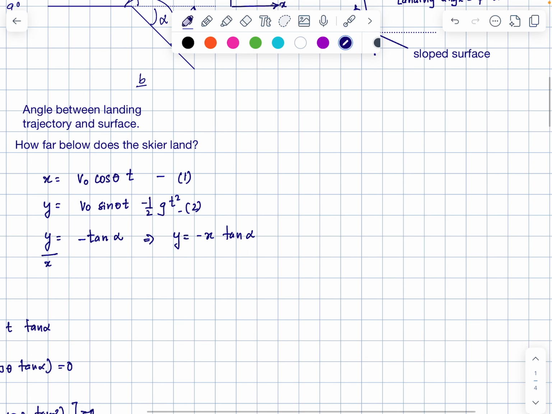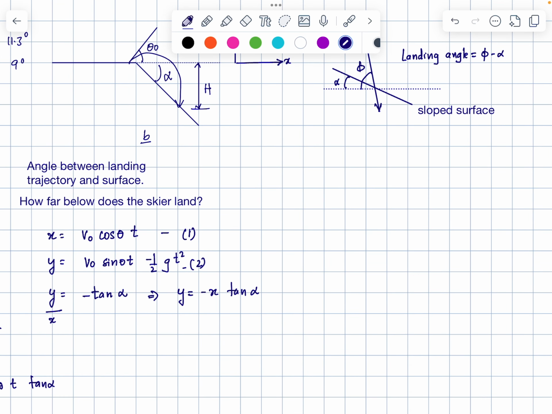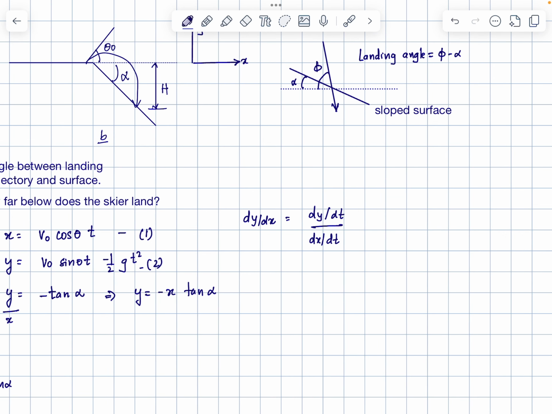So the angle that the trajectory makes with the horizontal here is nothing but dy over dx, and that is nothing but dy over dt divided by dx over dt. So dy over dt is v0 sine theta minus gt, and dx over dt is v0 cosine theta, and that should be equal to the tan of phi.